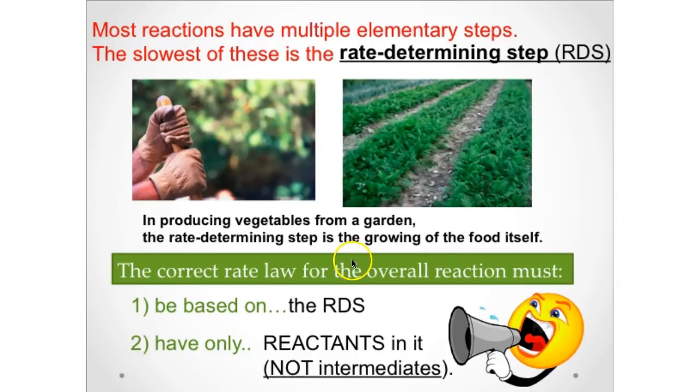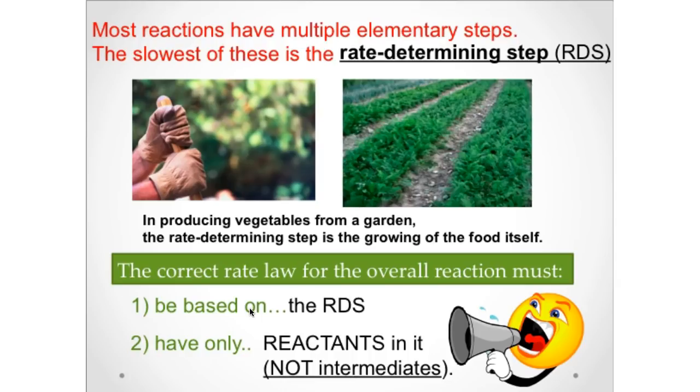So in a rate law, we must have the rate determining step within the rate law. The correct rate law is always going to be based on the rate determining step. You have to consider two things. Always have these two things in mind. One, if you're given a bunch of elementary steps, the one that's slowest, the one that has the smallest k value, or that it tells you is the slowest, is going to be the rate determining step.